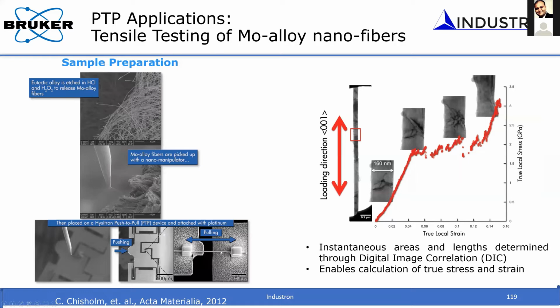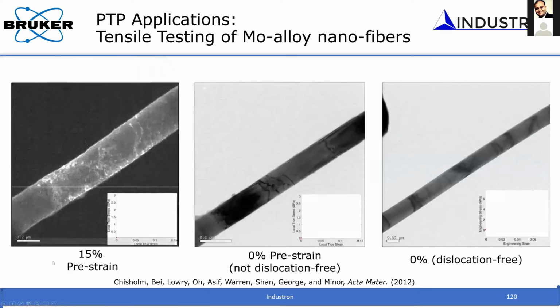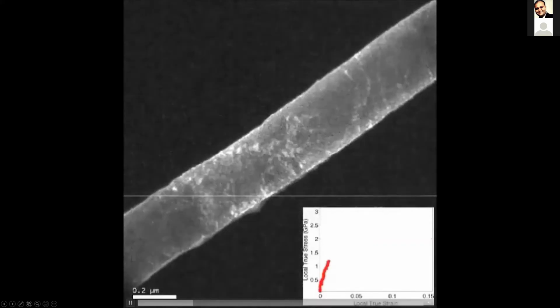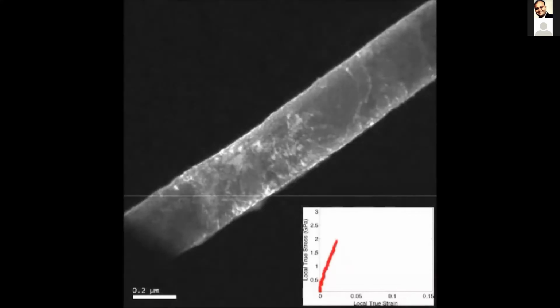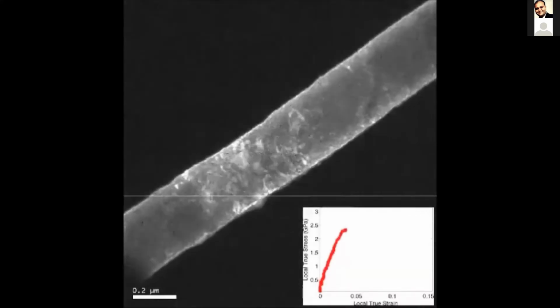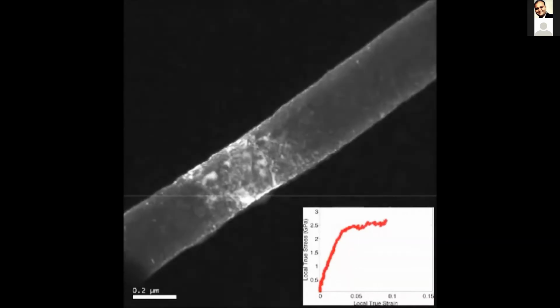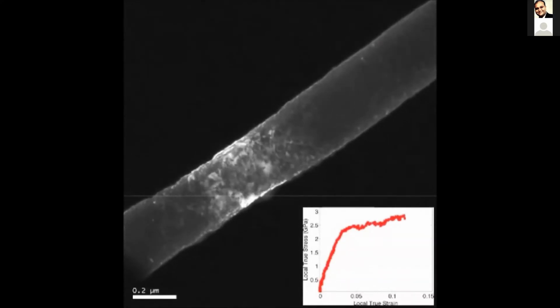You can see that a nanowire has been platinum welded in the gap. You can apply the stress and measure the response. You can also see the video of the deformation behavior. You can see the dislocation nucleation and propagation, and then the necking and the deformation pretty nicely in these videos.